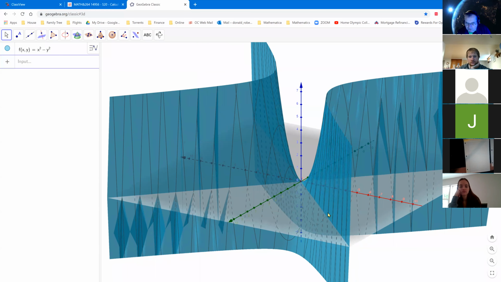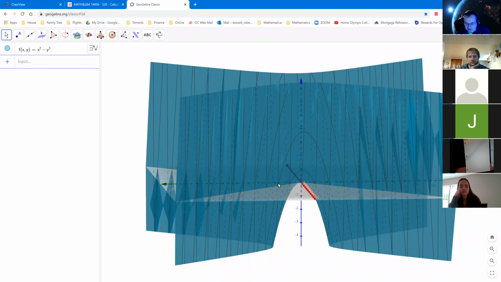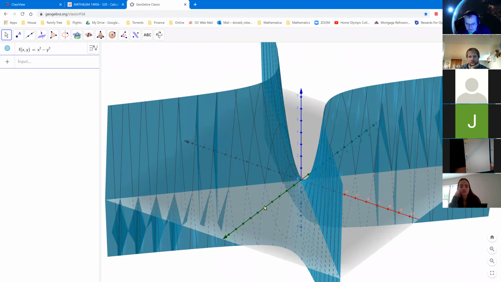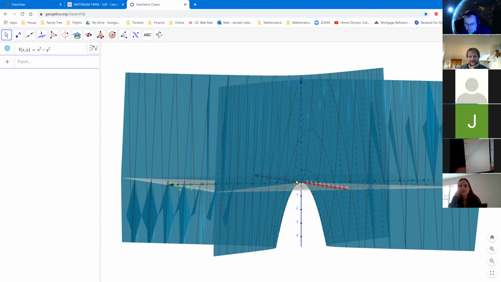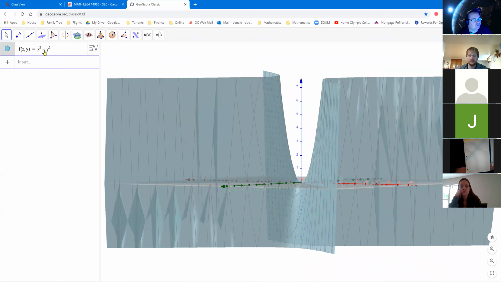But if you orientate it a different way, if you were coming in from this side, wouldn't this point represent a maximum? So can you think of a saddle point as, in the 2D world, like a point of inflection? So that's what one of those looks like.